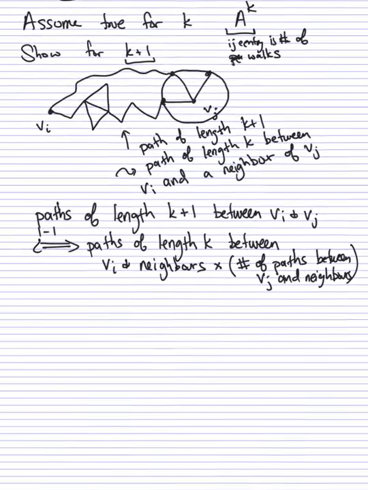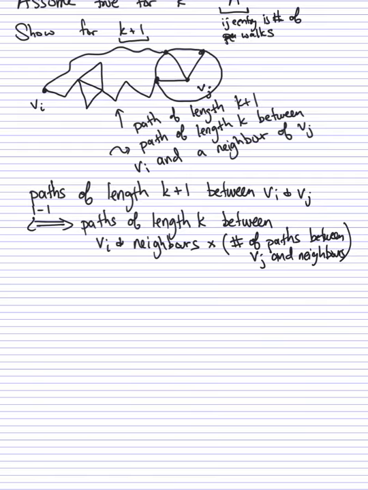Let me just add to this picture. If I had multiple edges here, then of course if I had a path of length k which got to this neighbor, I would have 3 different ways to get to vj, so this path of length k would count three times. If I had a unique edge, then it would just be 1. But in general, you have to take every path of length k between vi and its neighbors and multiply it by the number of paths between the neighbor and vj.